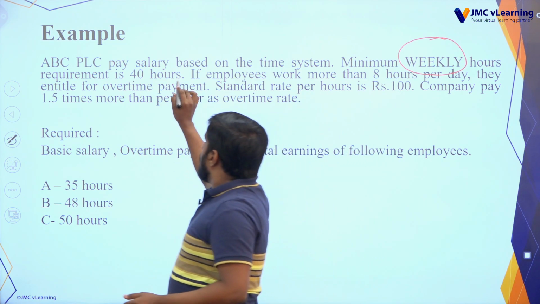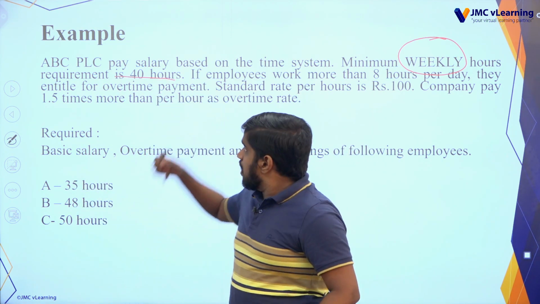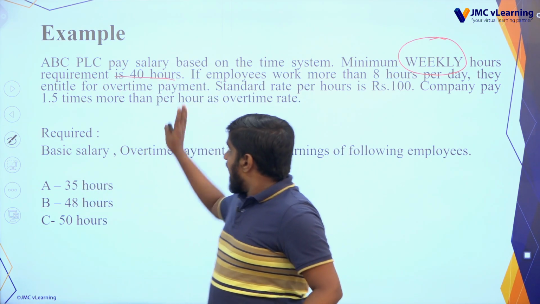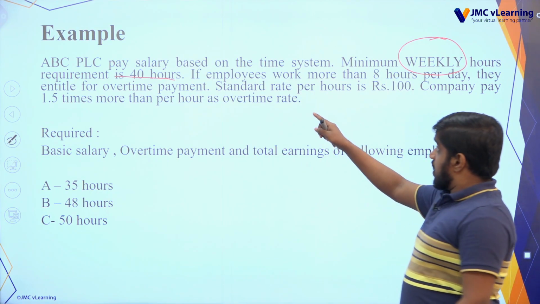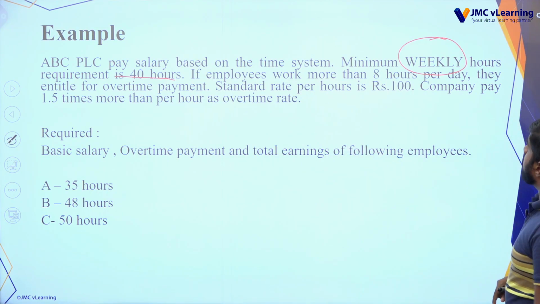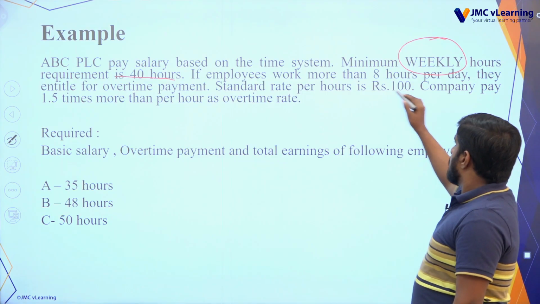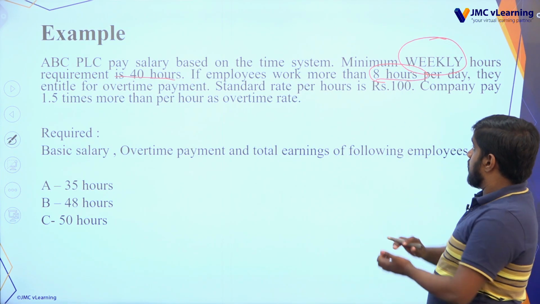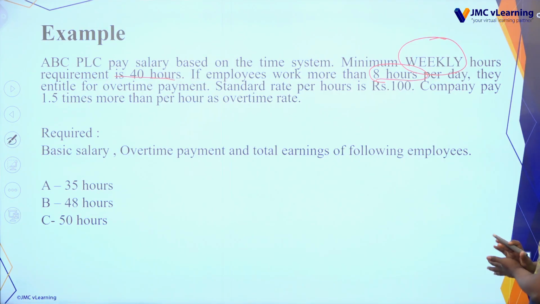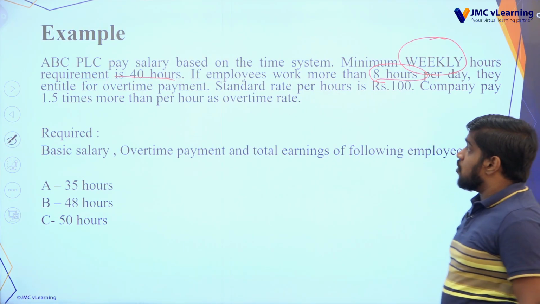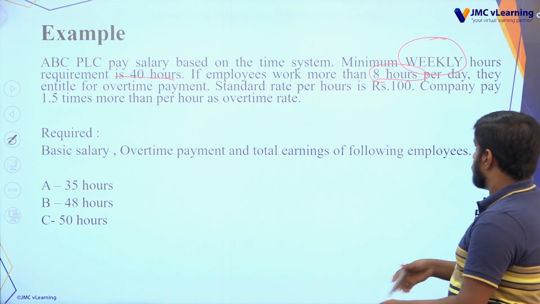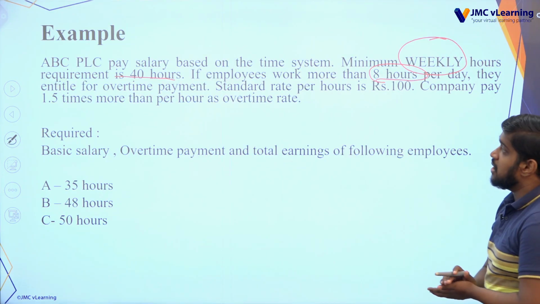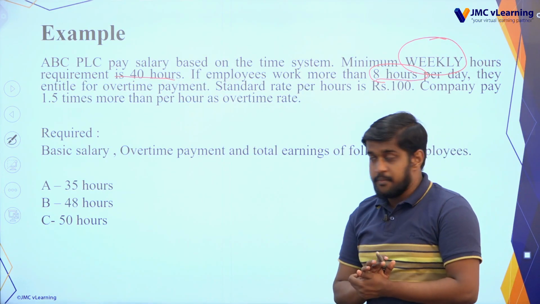That means each and every employee in the ABC PLC should work at least 40 hours. If employees work more than 8 hours per day, their daily requirement is 8 hours per day, they are entitled to overtime payment.